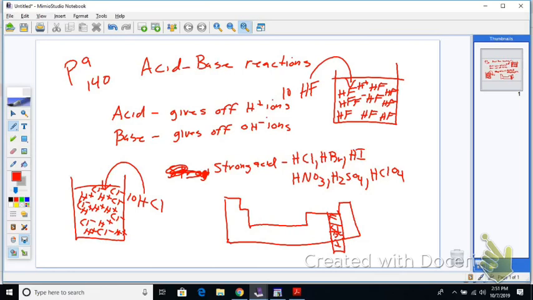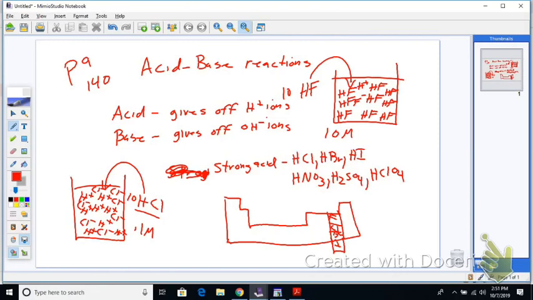It doesn't have anything to do with the concentration. This could be a 10 molar concentration, and this could be 0.1 molar, or the HCl could be 0.1 molar and this could be a 10 molarity solution, which would be more concentrated, but it's still weak.